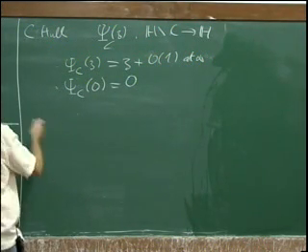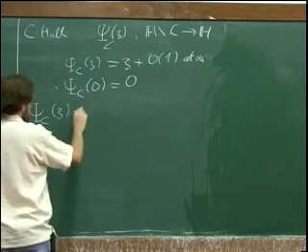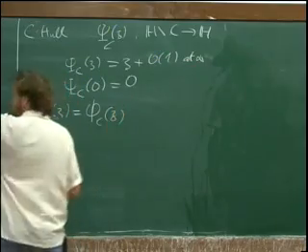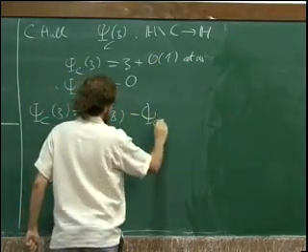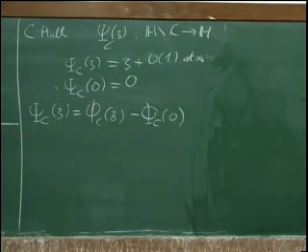So just to fix things, psi_C of z is nothing else than phi_C of z, normalized as before, minus phi_C of 0. So it's just phi as usual, but shifted so that 0 is fixed.